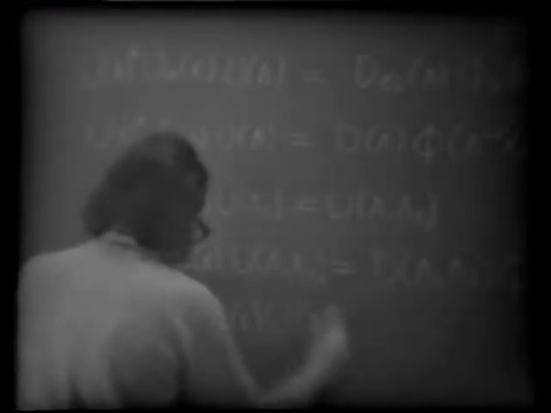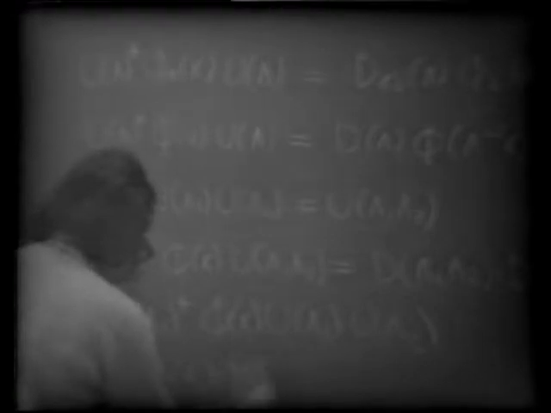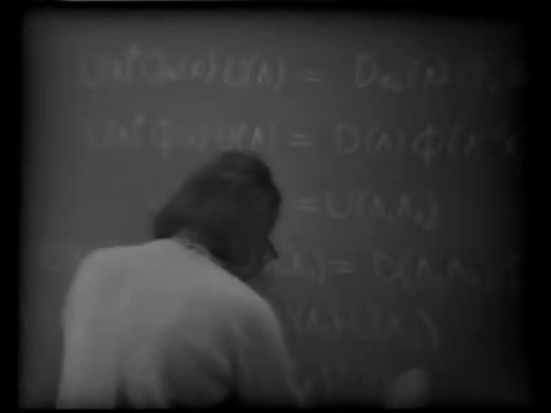Now, let's write out the same thing using the product equation up there. The lambda 1 thing we can do by assumption. U of lambda 2 adjoint, D of lambda 1, phi of lambda 1 inverse x, U of lambda 2.